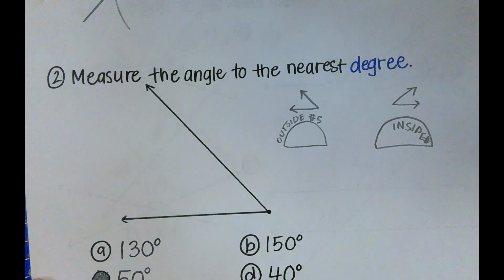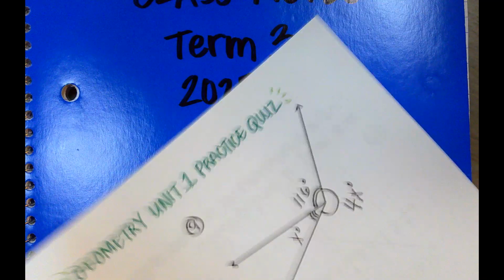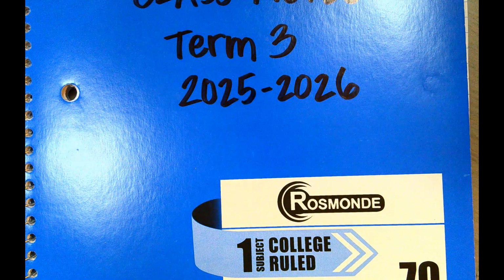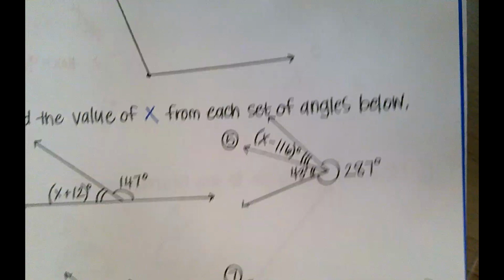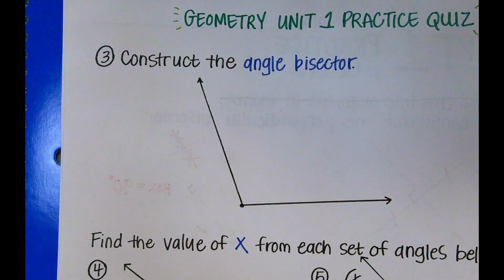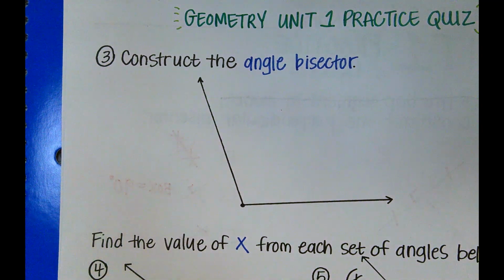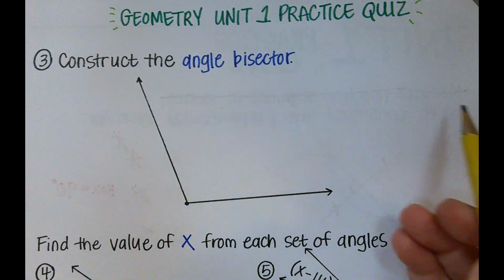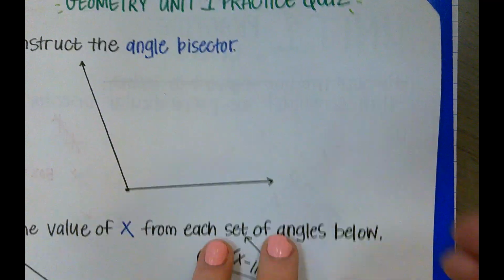Okay. So flipping the page, we're going to go to page 2, and now for number 3, we're constructing the angle bisector. So we will do the same thing. We're going to give ourselves a step-by-step guide. And let's actually create that guide over to the side before we construct it.